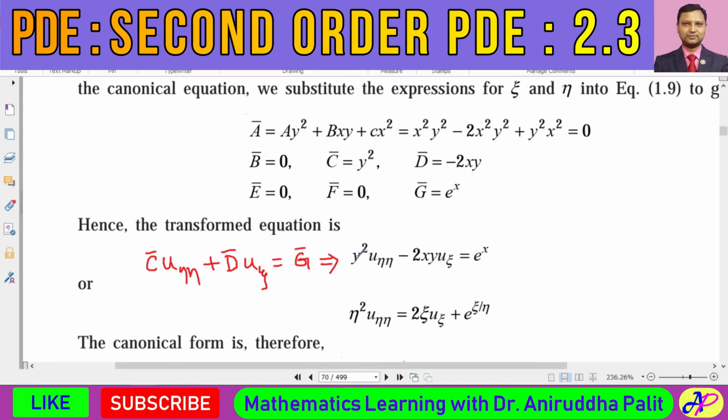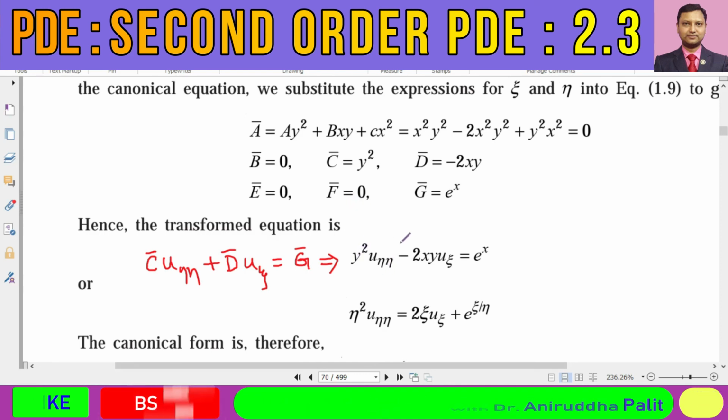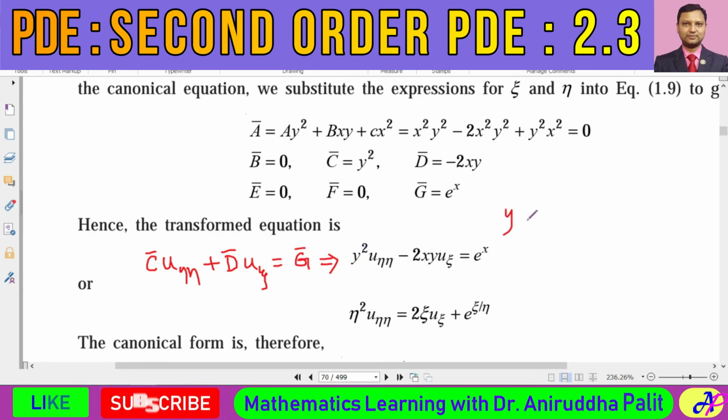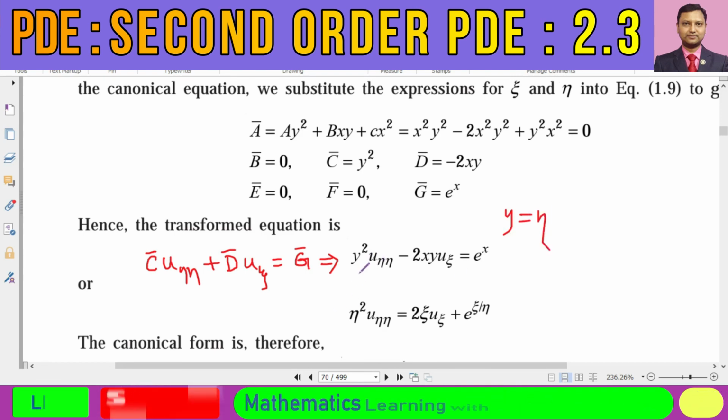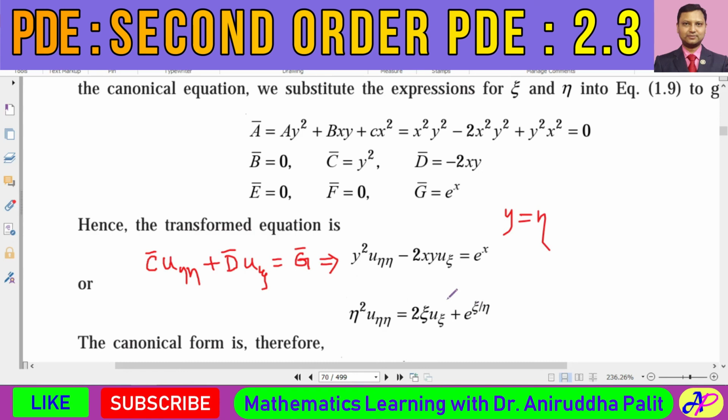So if you put y square, what was y taken to be? It is equal to eta, so everything has to be converted into xi and eta.